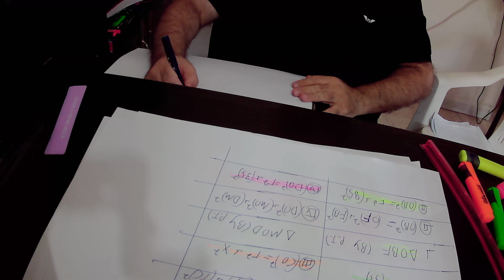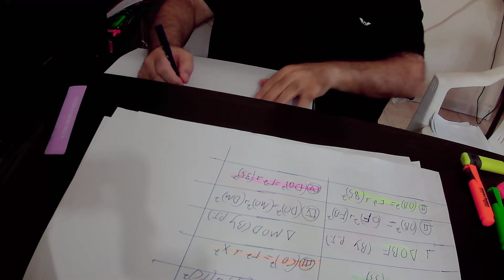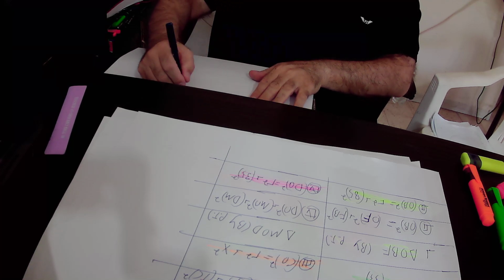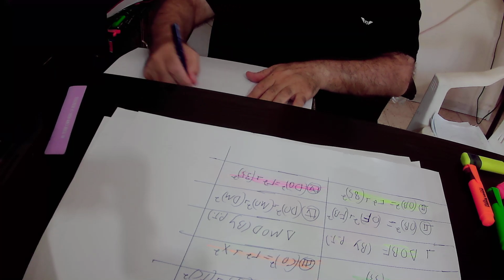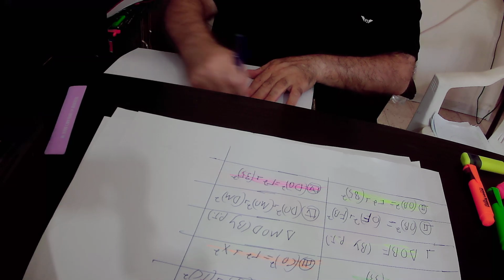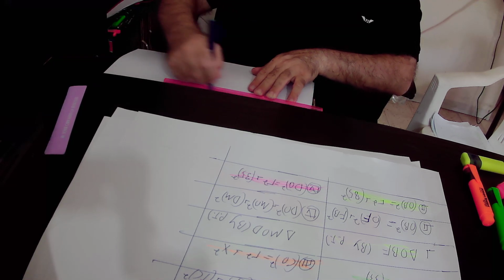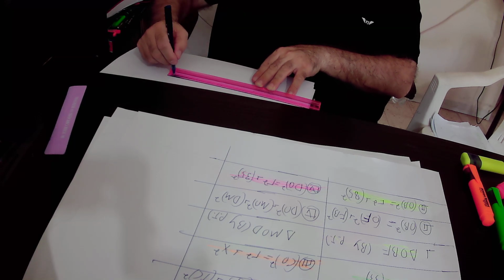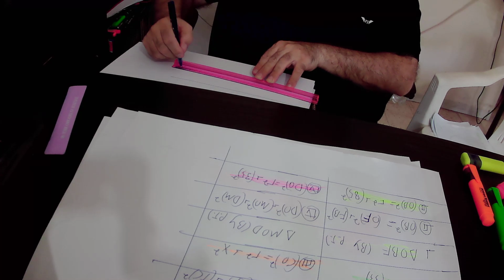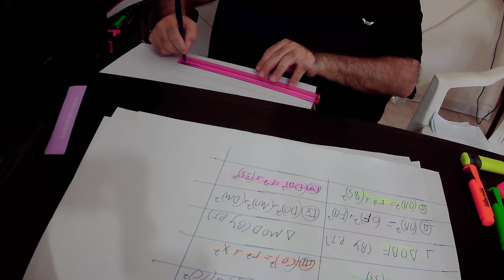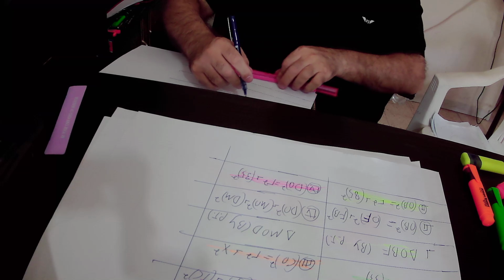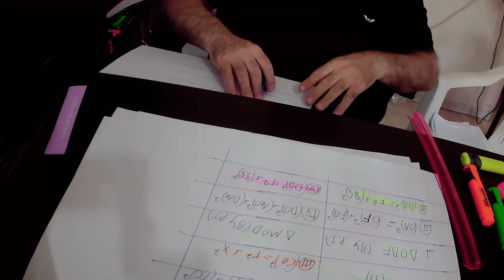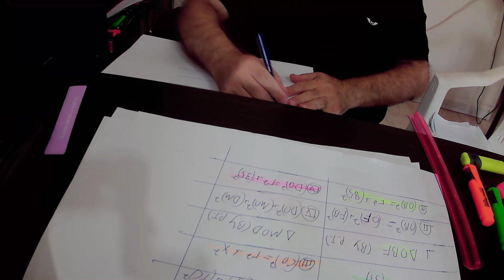So here we have, according to equation number 1, we actually found out that AO squared equals R squared plus 33 squared.